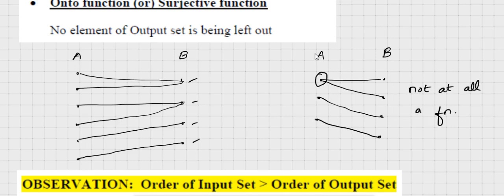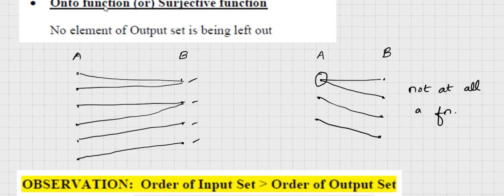Okay, so for an onto function to be defined between 2 sets, the condition is the order of input set must be greater than order of output set.